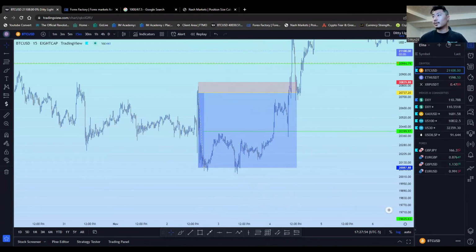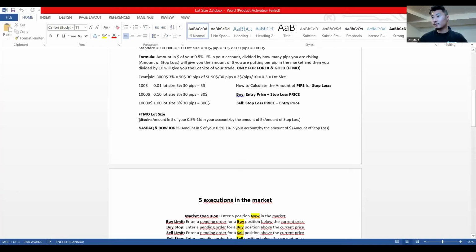But we're going to do it for Bitcoin. Here I put it on the sheets. For Bitcoin, the amount of dollar of your 0.5 or 1% of your account divided by the amount of stop loss. Same thing will be for NAS and the DJ30. So we're going to do it for both.